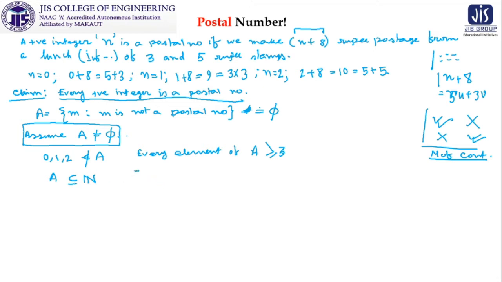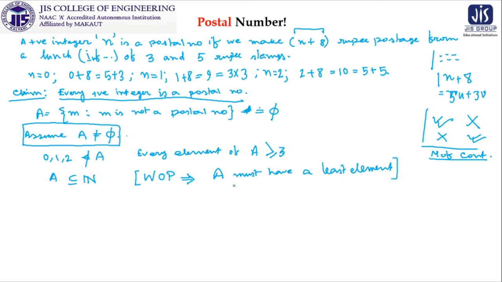here we are using the property of well ordering principle. This gives us that it must have a least element, as it is a subset of N. Then well ordering principle tells us that the set A must have a least element.